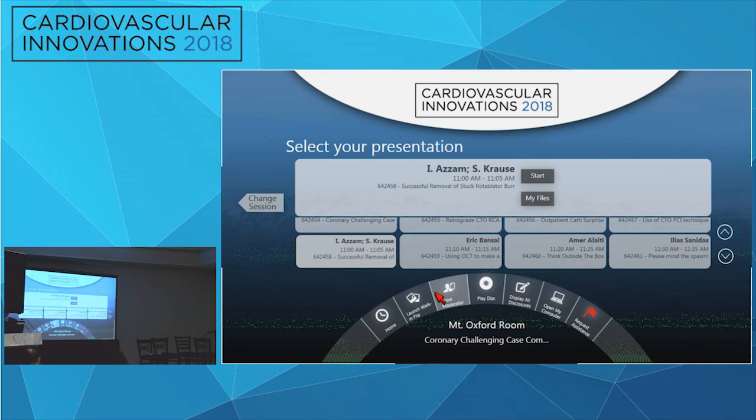One quick question. How do you know that it was stuck on the stent? I didn't. I had no idea that it showed a very old stent. I don't know why this happened.